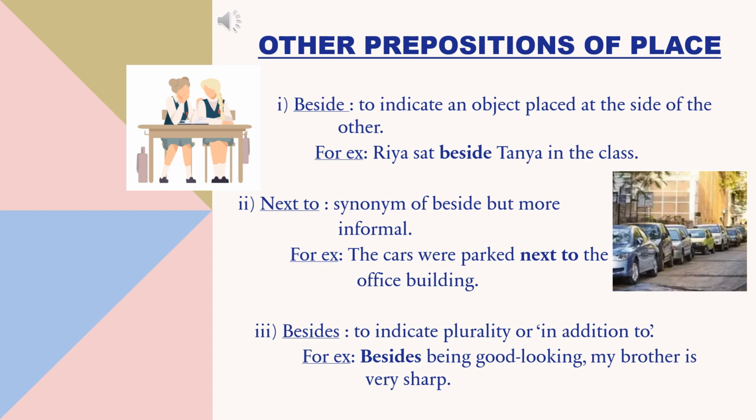For example, besides being good looking, my brother is very sharp. So we are talking about two qualities here, good looking and sharp. So when we add on to the quality of good looking, we use the word besides. So he is good looking plus, or besides, he is sharp.